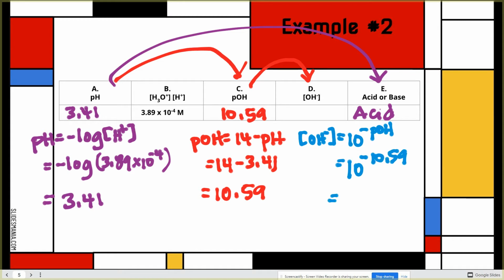Let's put that in the calculator. So that's 10 to the minus 10.59, and the answer is 2.57 times 10 to the minus 11. Or again, you can just leave it as 10 to the negative 10.59. So this is 2.57 times 10 to the negative 11.